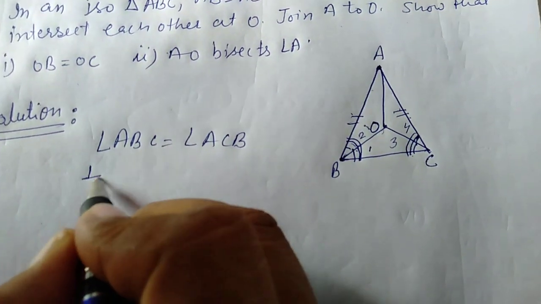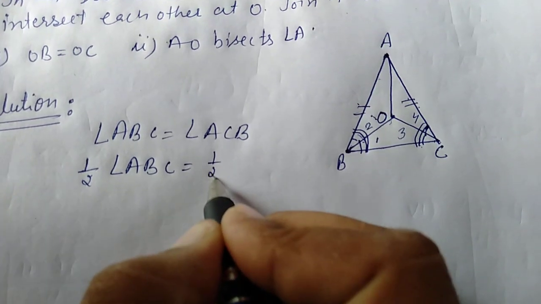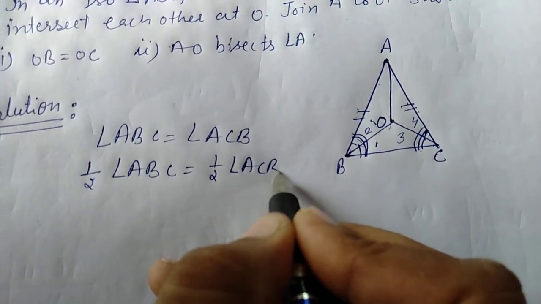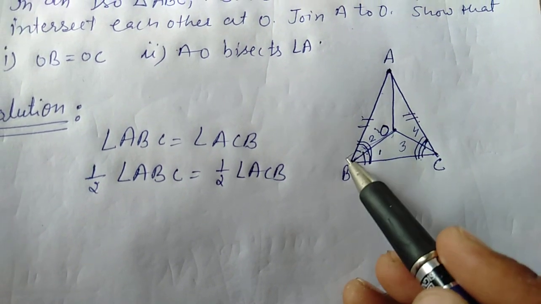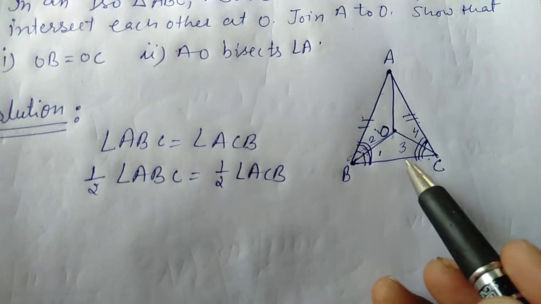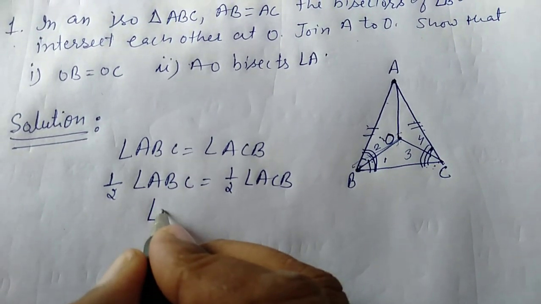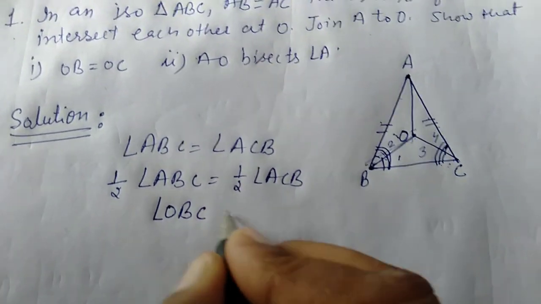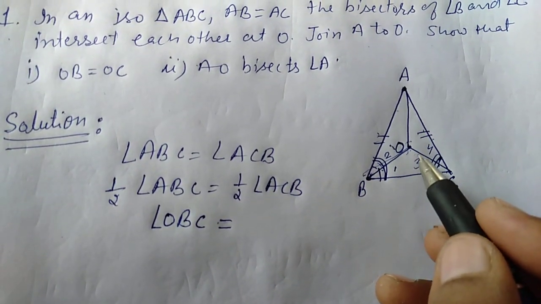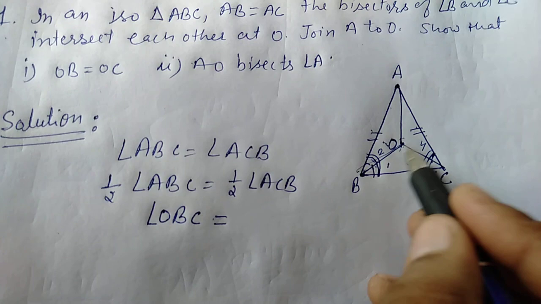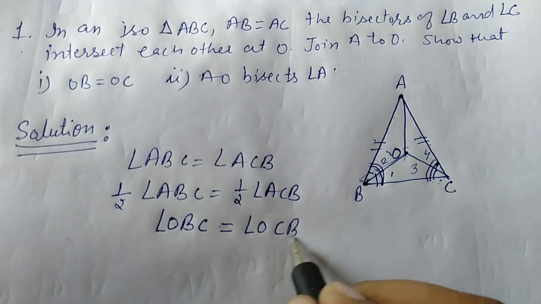And half of the angle ABC is equal to half of the angle ACB. We can take half of both sides, and half of ABC we can take as this angle OBC. This is equal to half of this angle ACB, which is angle OCB, right?